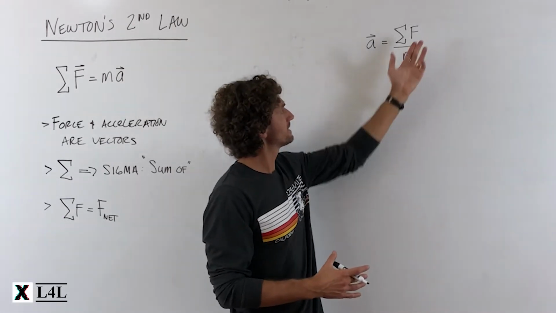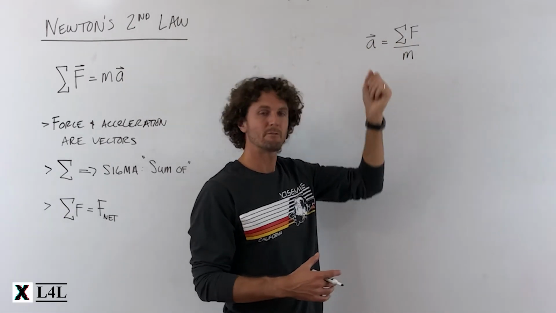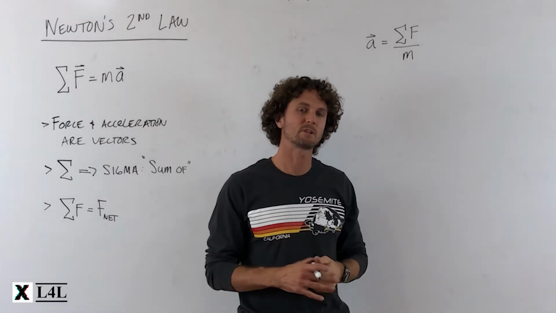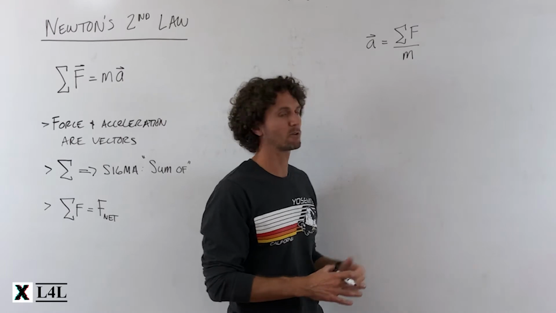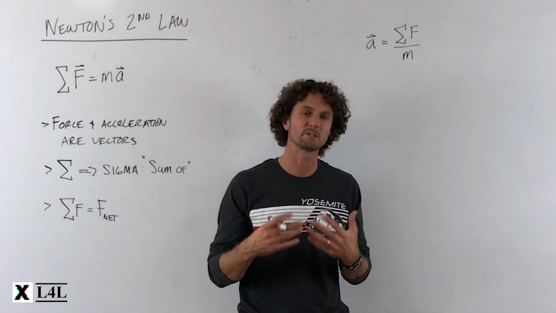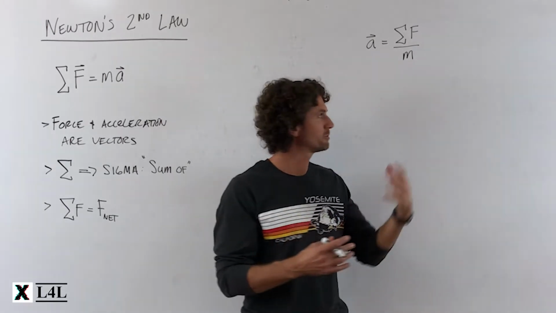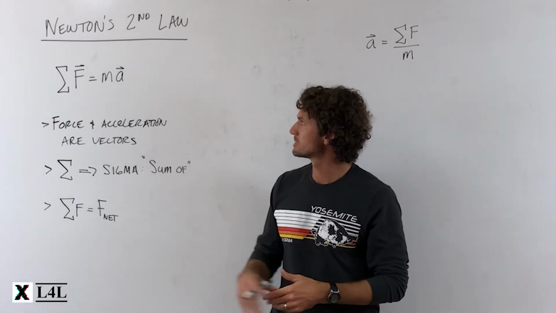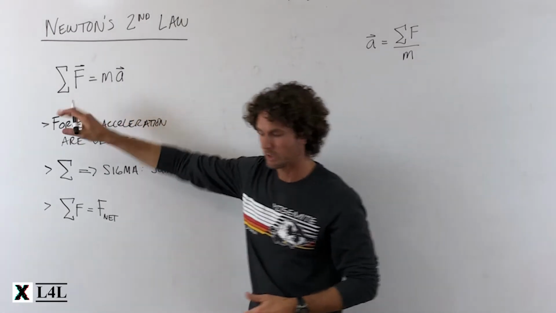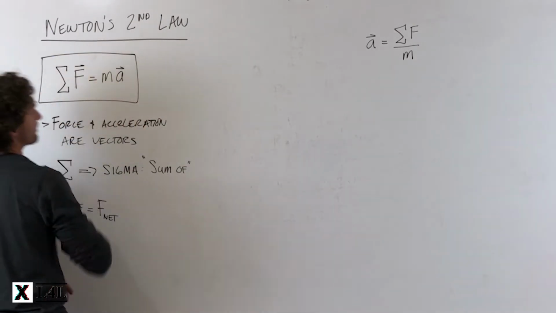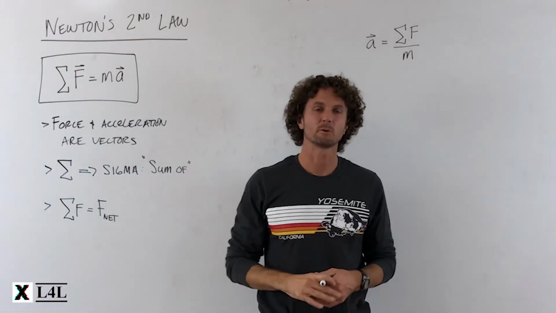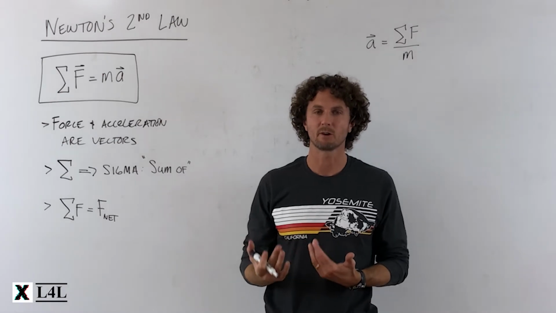These are all different ways to restate Newton's second law, and it's really the relationship of these three variables, which is often most shown as the net force is equal to the mass times the acceleration.